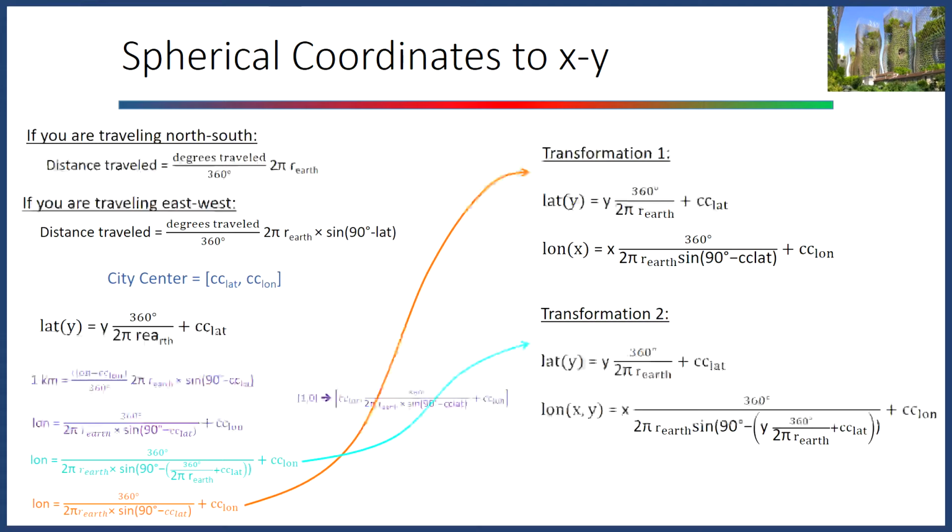Transformation 2 is derived from the teal equation, and it basically substitutes your actual latitude from the latitude equation in for the city center latitude that was used in the equation in transformation 1. Substituting this in now makes your longitude a function of x and y because you are making that slight correction that now you will travel a slightly shorter or slightly longer way around the planet when you go 1 kilometer, depending on what latitude you're at.